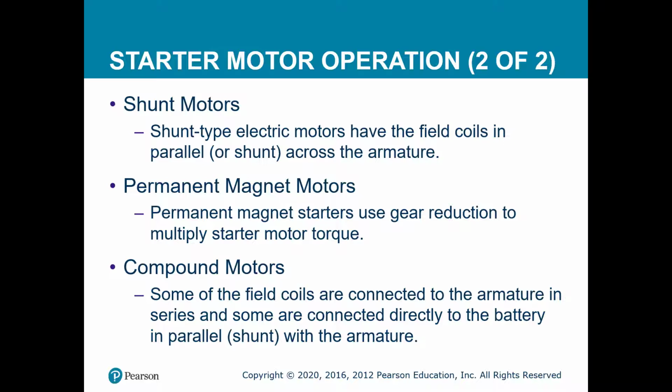So the second bullet here, permanent magnet motors, are the ones that you'll see with permanent magnets lining the case. It's pretty much the common type in most automotive applications nowadays. But they'll use a gear reduction to multiply the starter torque. They spin so fast, so they take that speed and essentially convert it into mechanical energy using planetary gears.